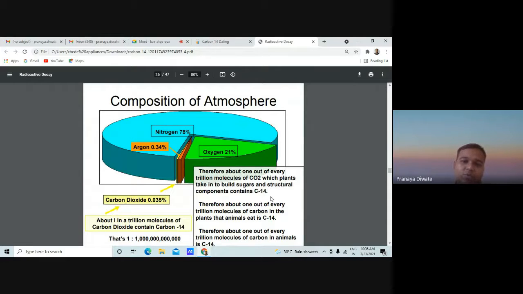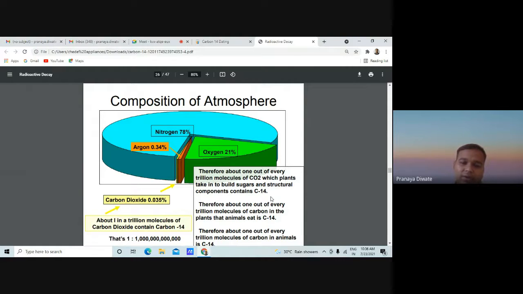In the atmosphere, you have 78% nitrogen, 21% oxygen, and 0.34% argon. About one in a trillion molecules of carbon dioxide contains a carbon 14.